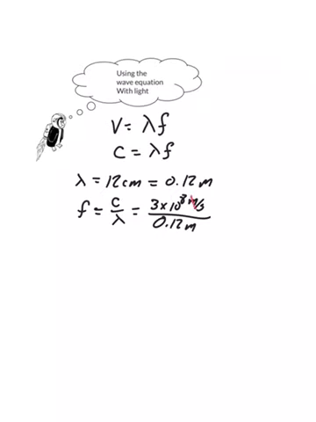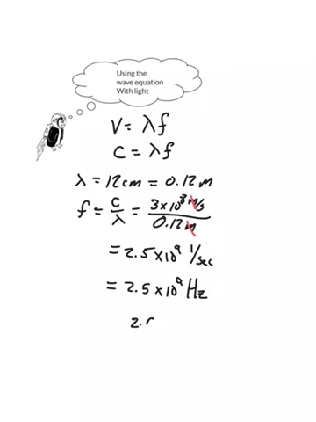Once again, the meters cancel out, and this gives us 2.5 times 10 to the 9 1/seconds, which is 2.5 times 10 to the 9 hertz, or 2.5 gigahertz. Let's try another problem.